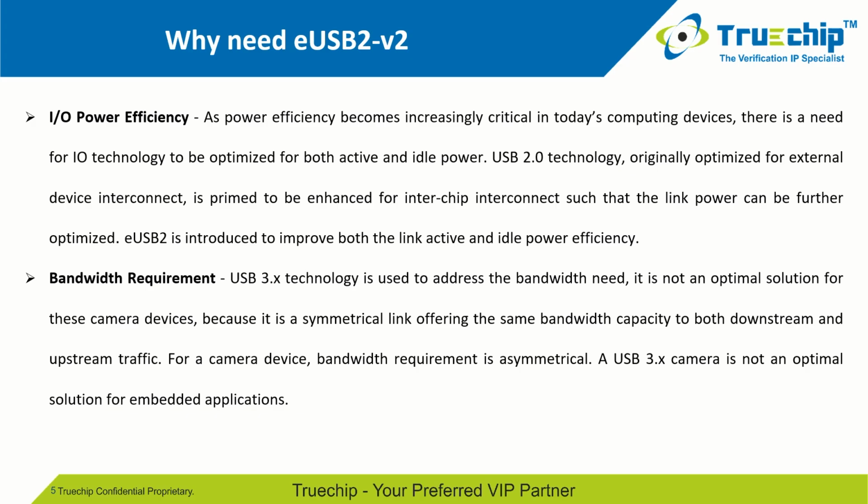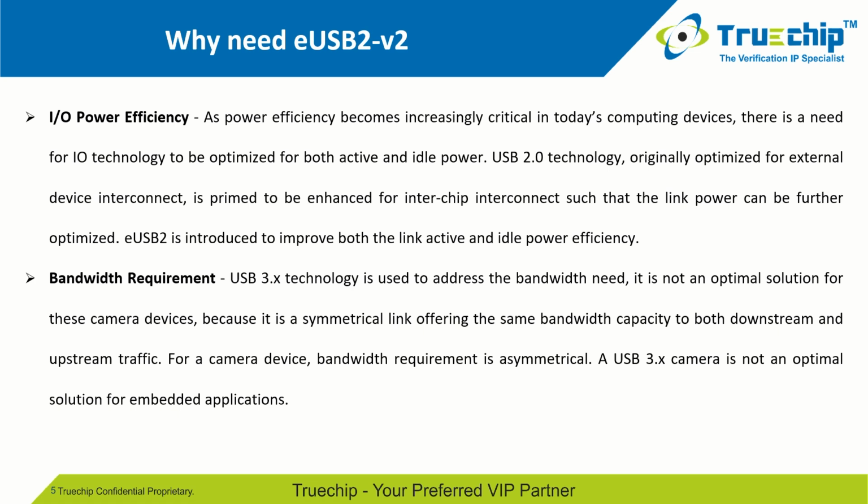USB 2.0 technology, originally optimized for external device interconnect, is primed to be enhanced for inter-chip interconnect such that the link power can be further optimized. eUSB2 is introduced to improve both the link active and idle power efficiency.